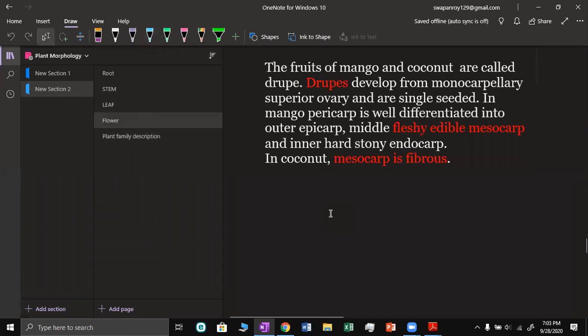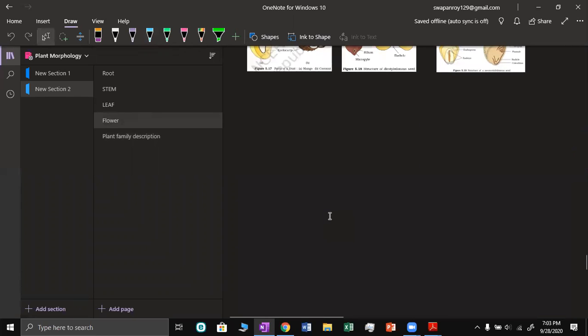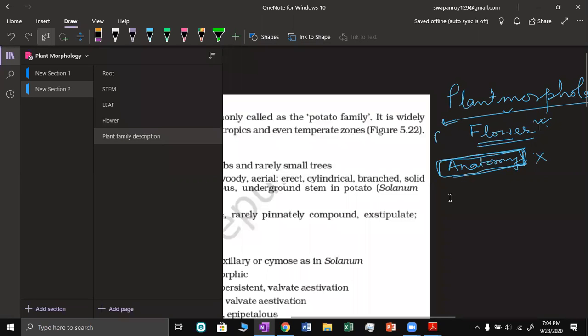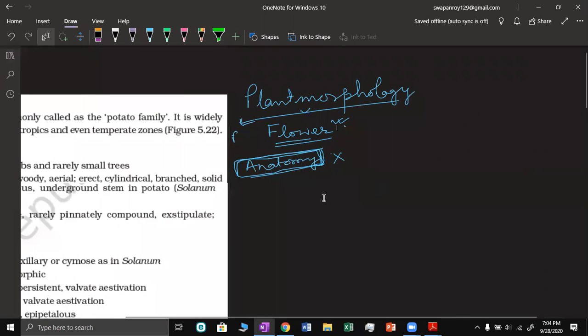Okay, from the flower, nothing is there. The structure of seed and the embryo, those things also I am not describing now. We will come directly to the description of some family.